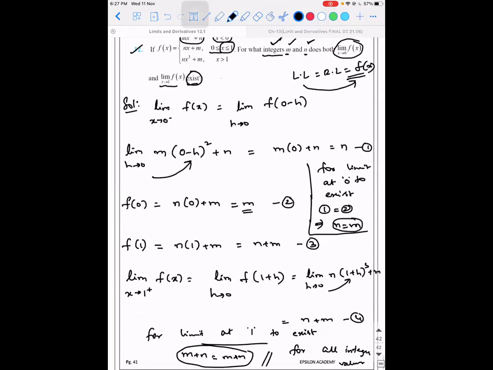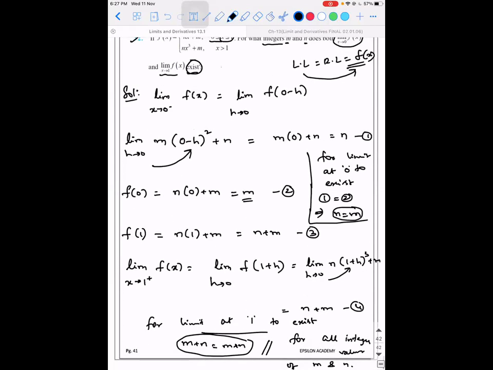Okay, so these are all the problems that are related to limits. With this, we are done with limits, right? I hope there is no doubt. Shall I proceed to the next part of the chapter? One minute, sir. Yeah, make a note.